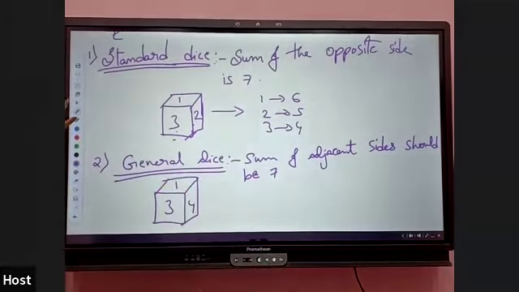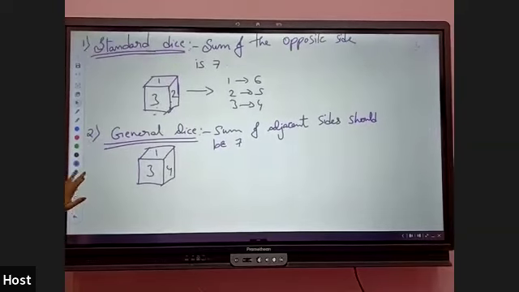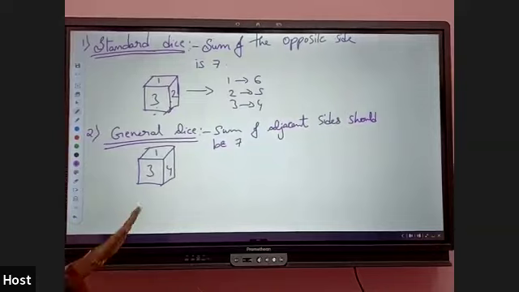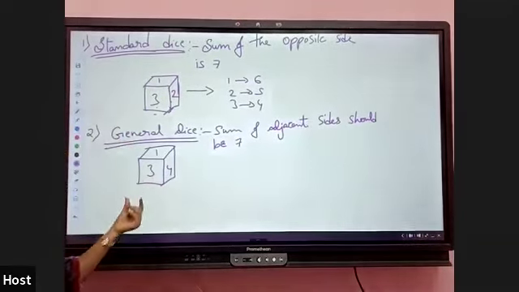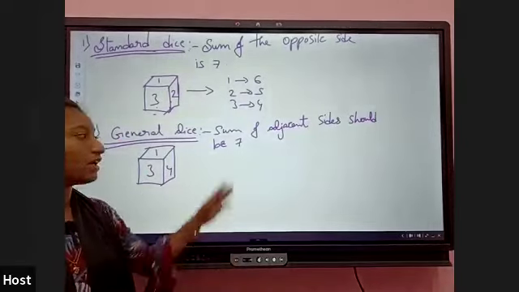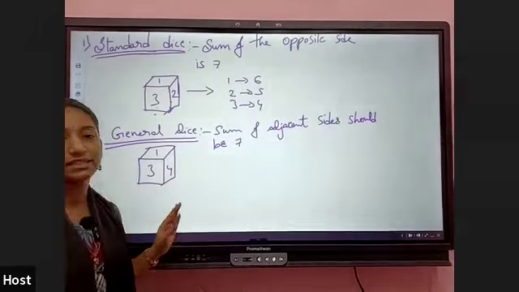Adjacent means side by side, so the side by side faces' sum should be 7. Here 4 plus 3 is 7.